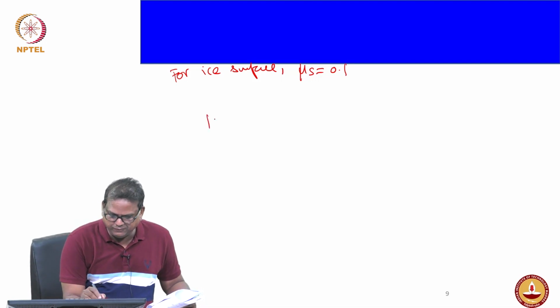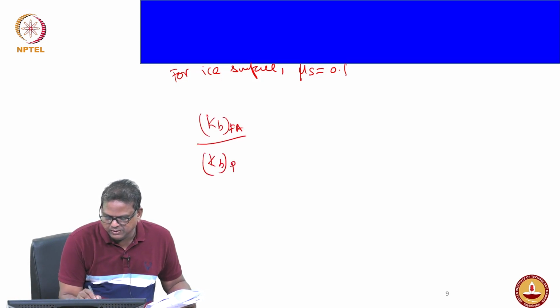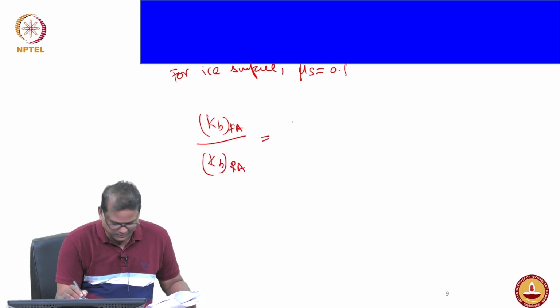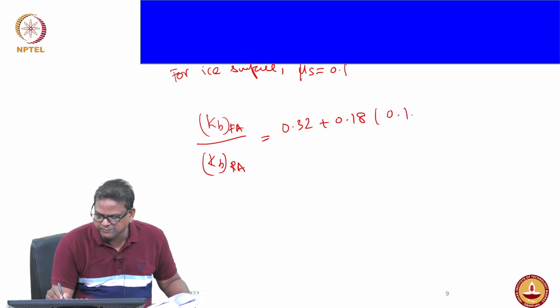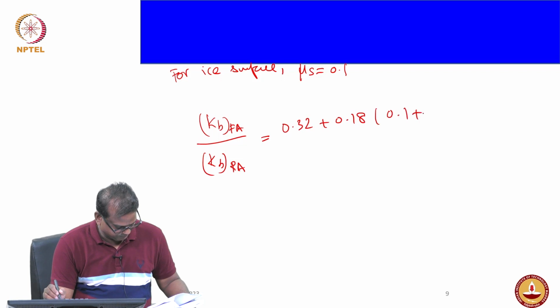So similarly, if you find the KB front axle and the KB rear axle, I am just substituting the values straight away. So 0.1 is your mu s, and 0.01 is your mu r.